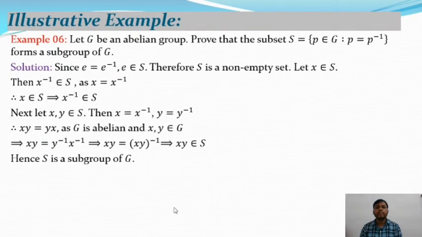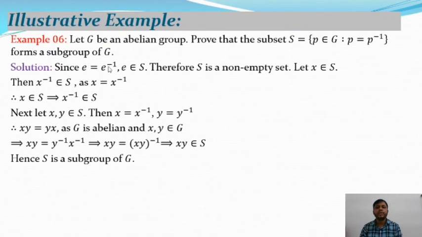And after that, one more example on the subgroup. Let G be an abelian group, then prove that the subset S, where S is equal to {p belongs to G such that p is equal to p inverse}, forms a subgroup of G. So here is the solution. Since e is the identity element, the inverse of the identity element is the identity.